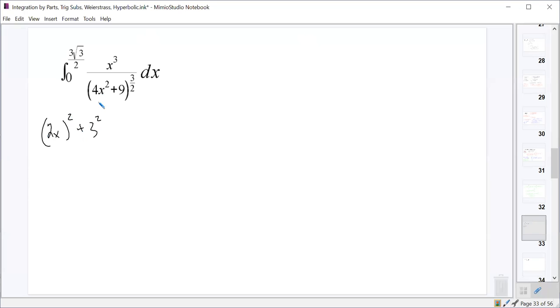So rather than having an x squared plus the a squared, it's like a 2x squared plus the a squared. So rather than having x equal a tangent theta, let's let 2x equal a tangent theta. So it's kind of like a u substitution there, except we're not really writing it out, to get our inverse trig sub. Good or no?